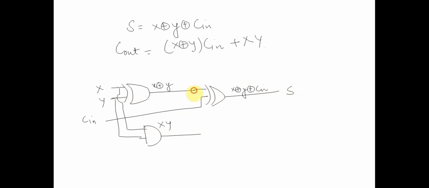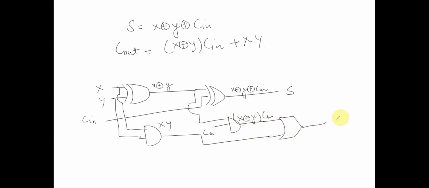So we need one more AND gate, which we AND with c in. And we OR with this one. So this is x XOR y into c in, and then it's ORed with xy. So we OR it to get this carry out.